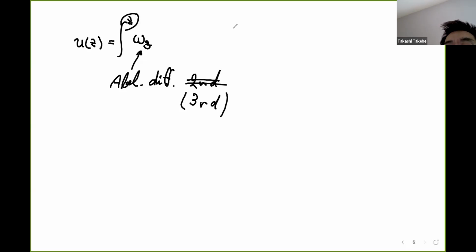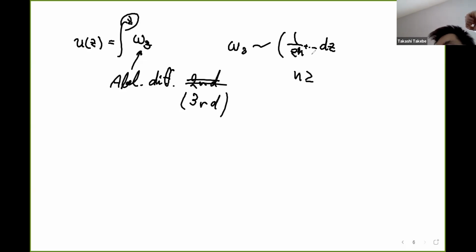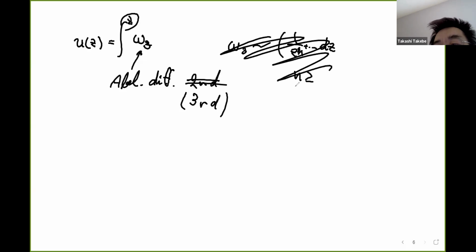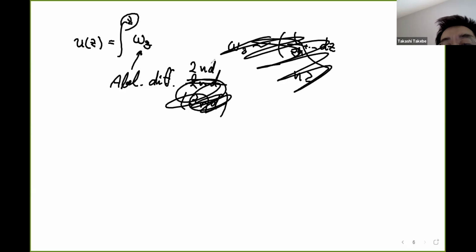Then omega 3 has, for example, I'm somewhat confused.